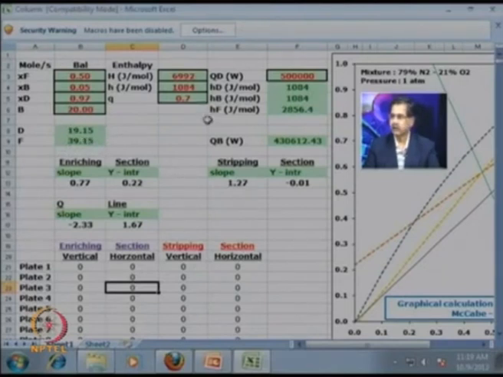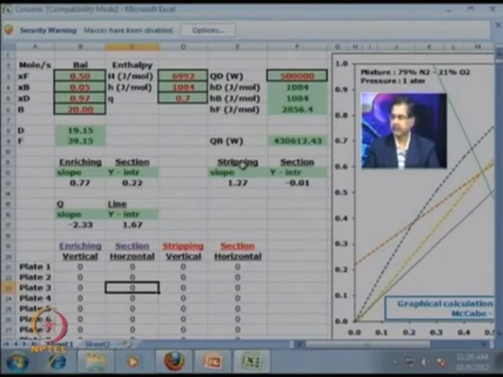Having done this, I got the value of QB calculated as 430 kilowatts. It is the amount of heat to be given at the boiler at the bottom. Then, based on this, I get the values of the slope and y-intercept for the enriching section, the stripping section, and also the q line. So, we got 3 lines. The operating line for the enriching section has a slope of 0.77 and a y-intercept of 0.22.